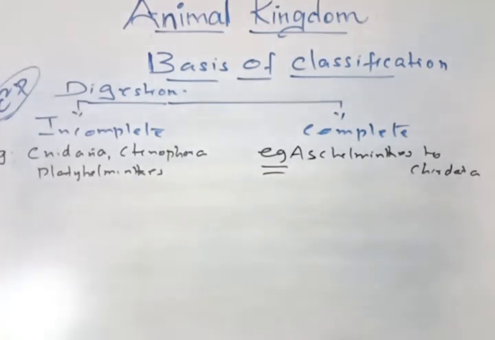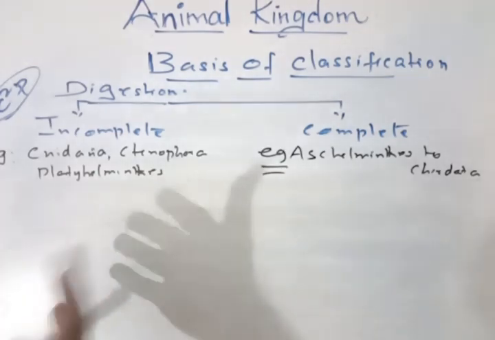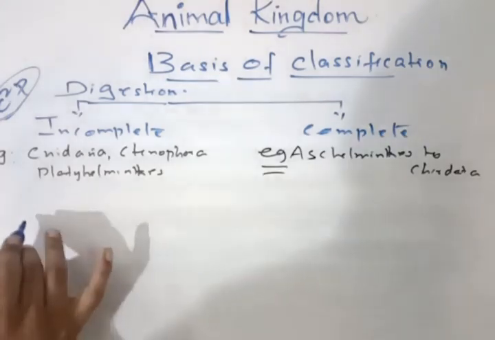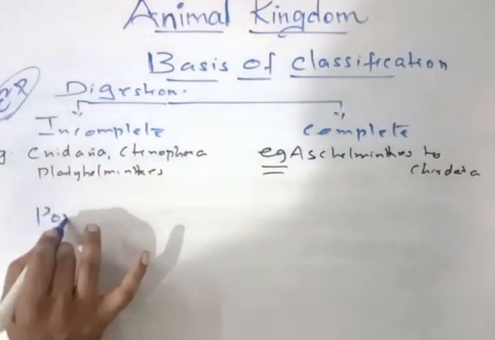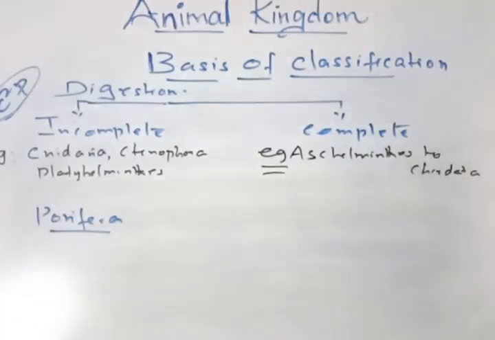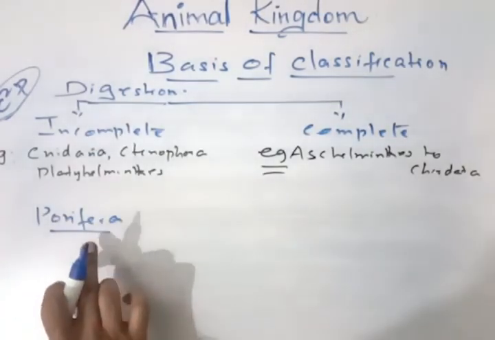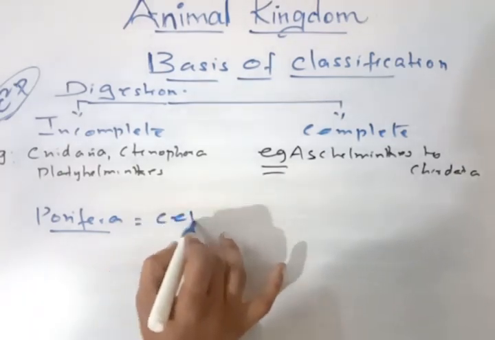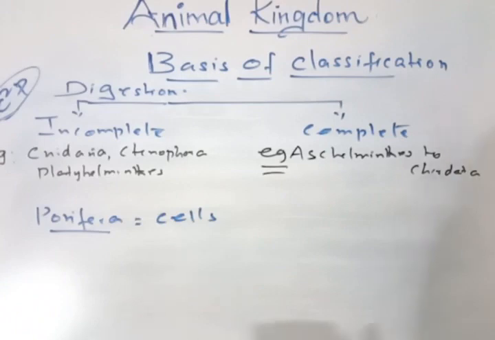So those parts you have to discuss regarding one marks, it is not included in that, but still I am talking. Why is Porifera not mentioned here? Why it does not come under incomplete and complete digestion is because in Porifera the body has only cells, so cellular aggregated.